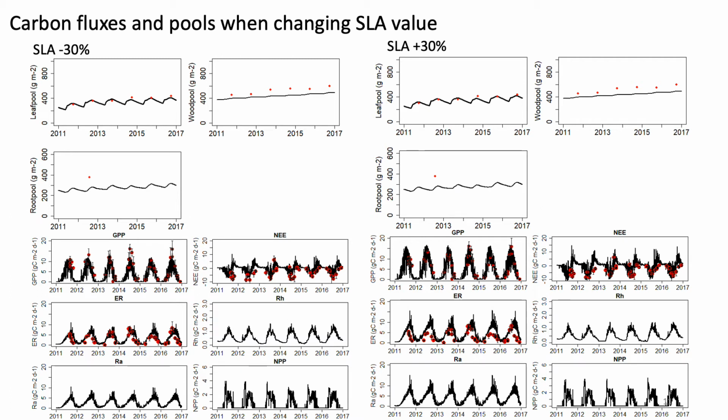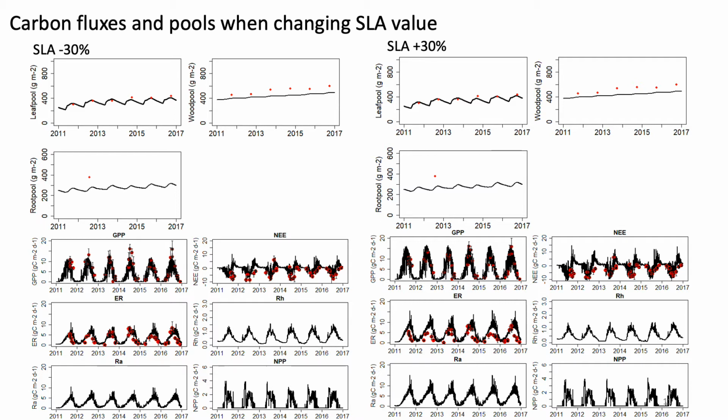Similarly, when we change the value of specific leaf area by 30%, we can see a decreased value can lead to a decreased GPP and also the autotrophic respiration.